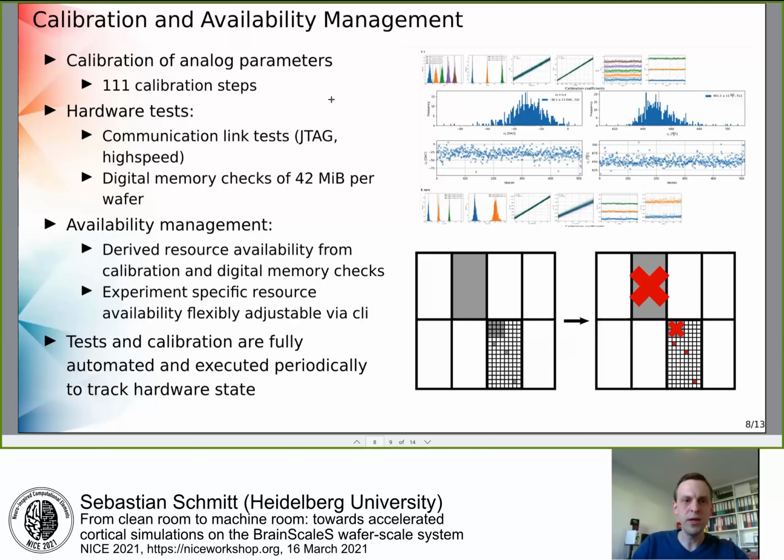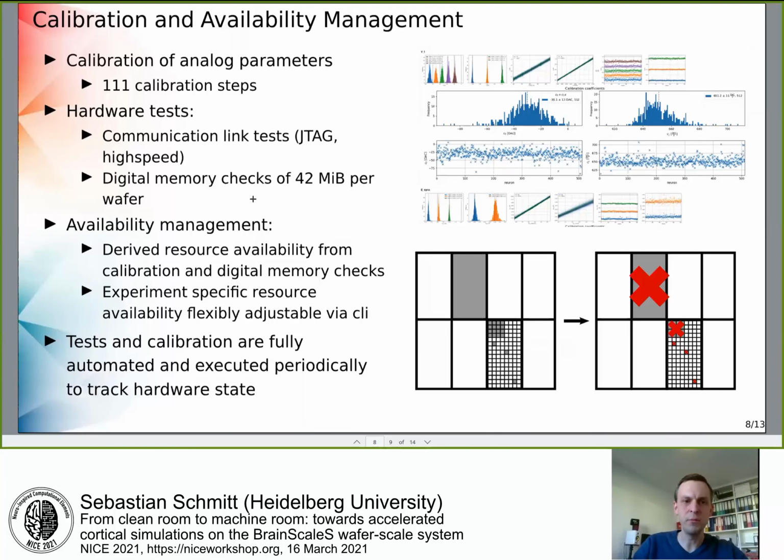So although we did this very fine granular testing, you also do tests when the system is fully assembled. So for example, communication link tests, because it always may be that a connection is not as good as you want it to be, and then you need to flag that.